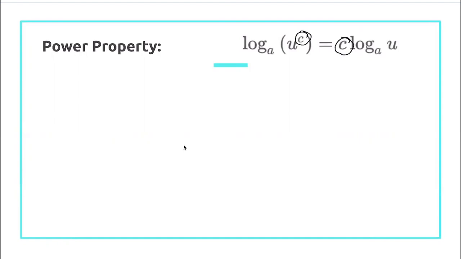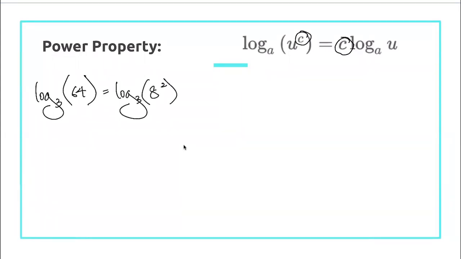Okay, so if I have log base 3 of 64, I know that 64 is like 8 squared. So I could write this as 2 log base 3 of 8.